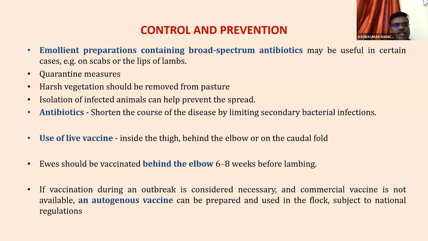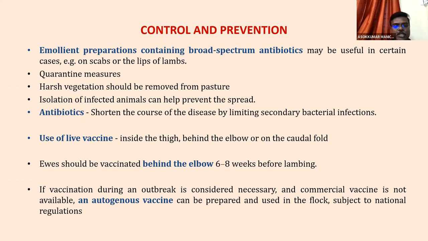Otherwise, use of live vaccines. Actually, there are attenuated live vaccines available against this disease. Though we used to encounter this disease as sporadic or at a low endemic level, this vaccine is available, which could be administered through the thigh, behind the elbow or on the caudal fold, depending upon the animals, whether it is a ewe, lamb or ram.